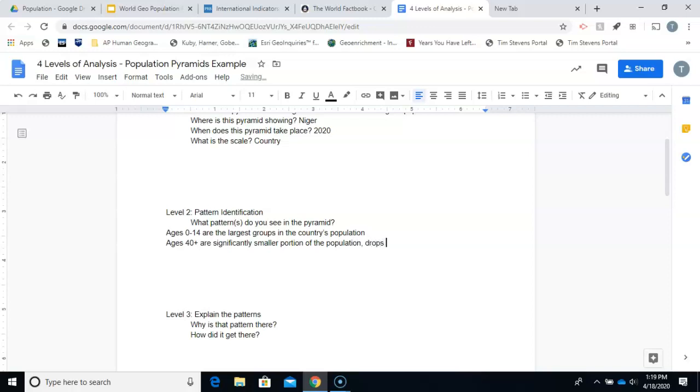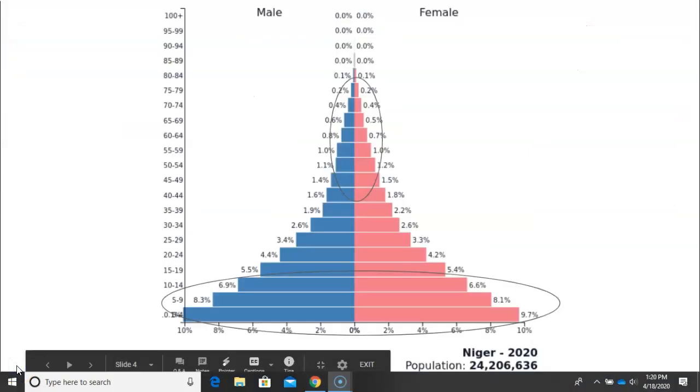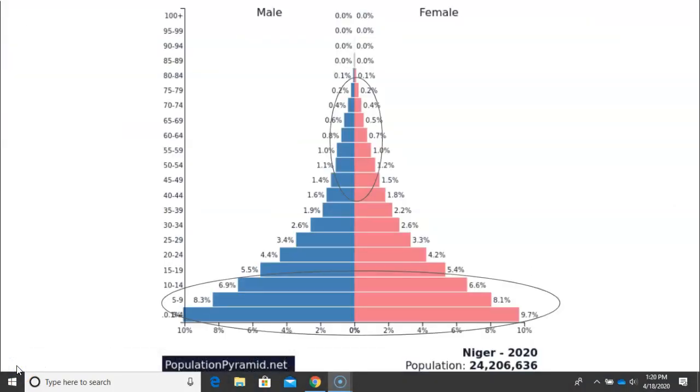I'm also going to say it drops off dramatically from younger ages. Okay, so those are two things that stand out to me on that particular population pyramid. So just for simplicity, I'm going to leave it there. But I do see these two very unique patterns going on.